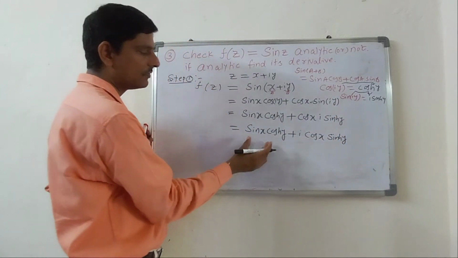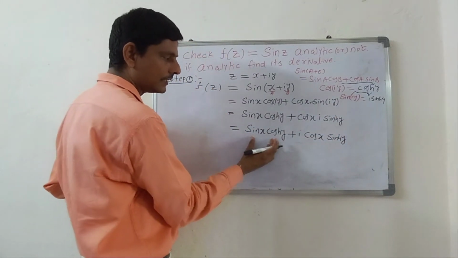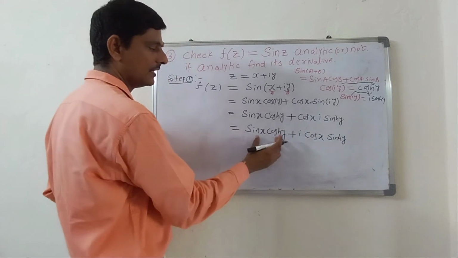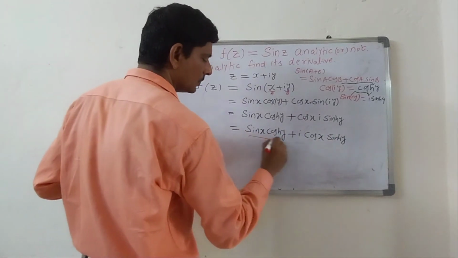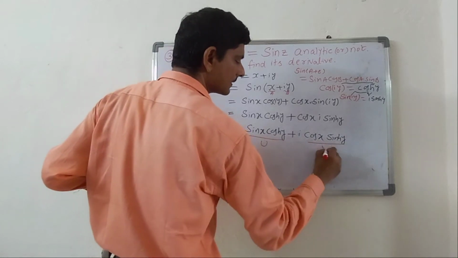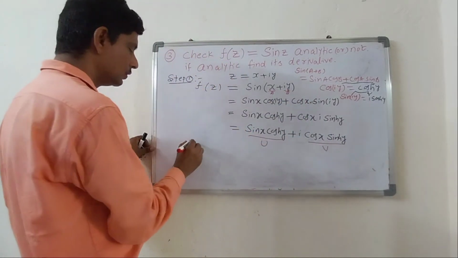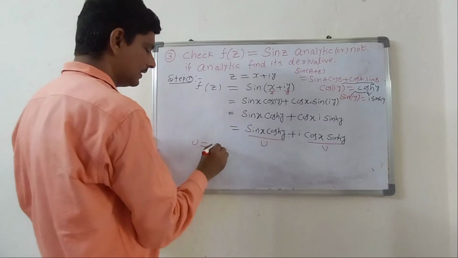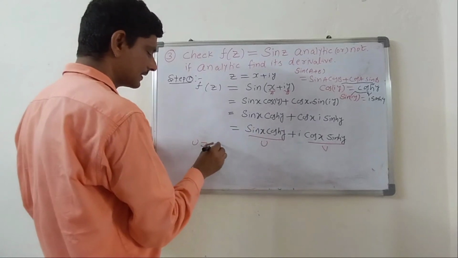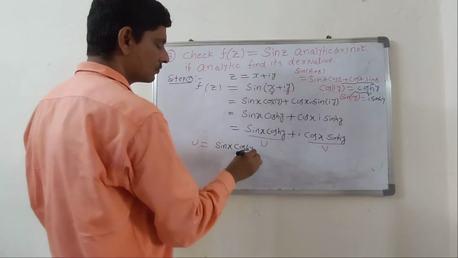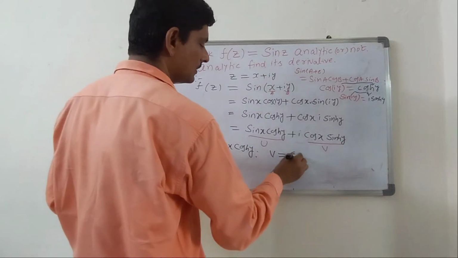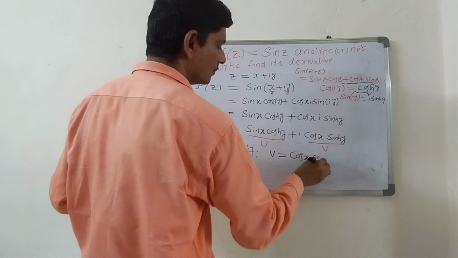Okay, now observe this. It is clearly the real part, it is clearly the imaginary part. Now it is clearly of the form u plus iv. That means u, the real part, is sin x into cos hy, and v is cos x into sin hy.